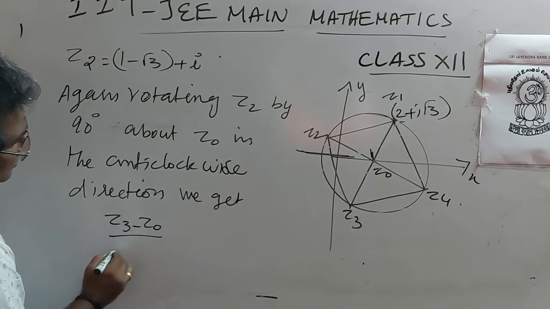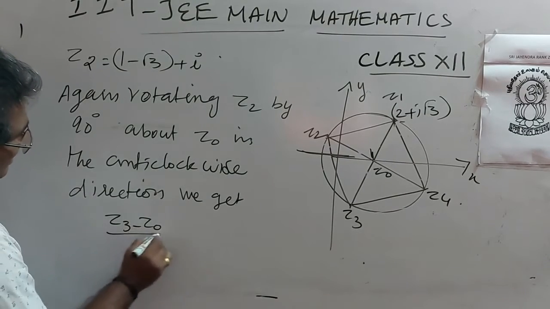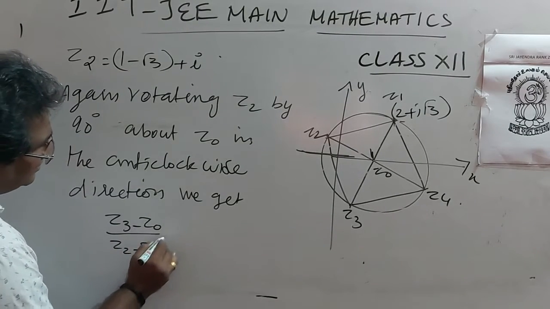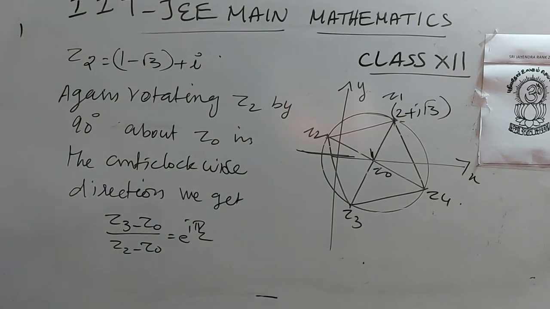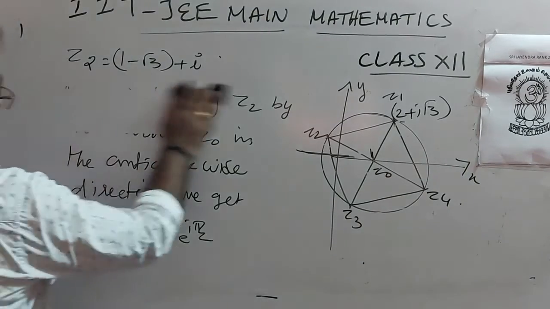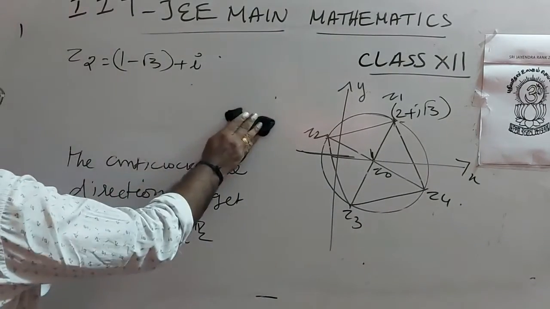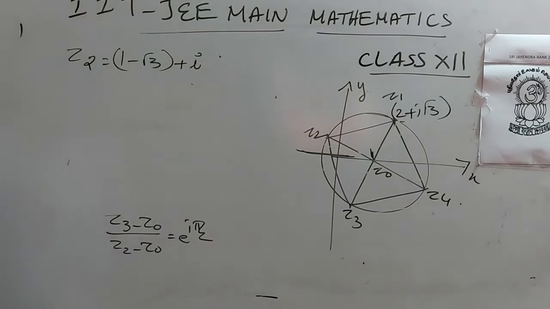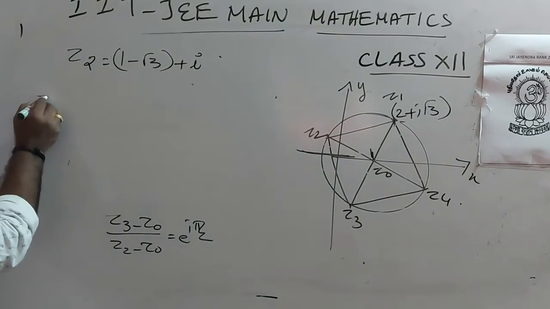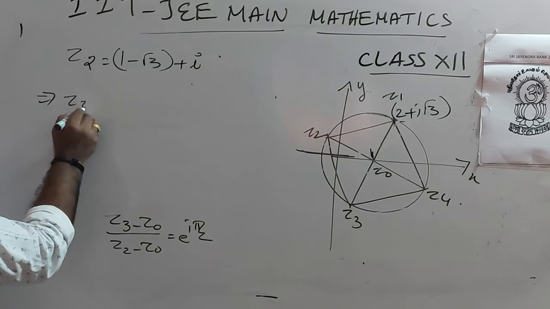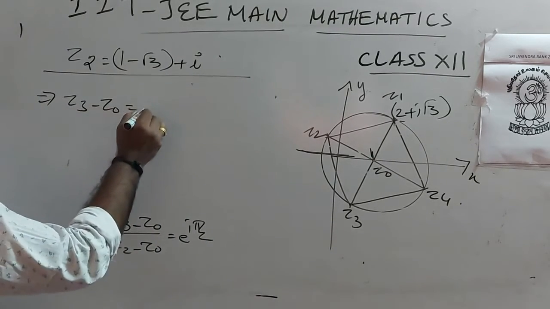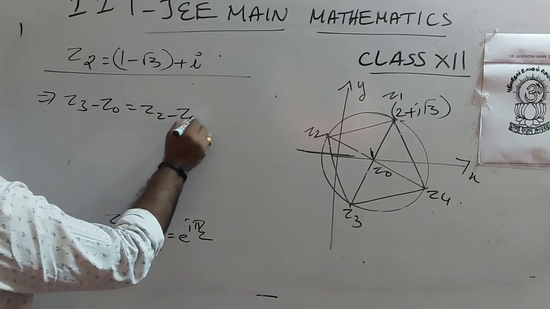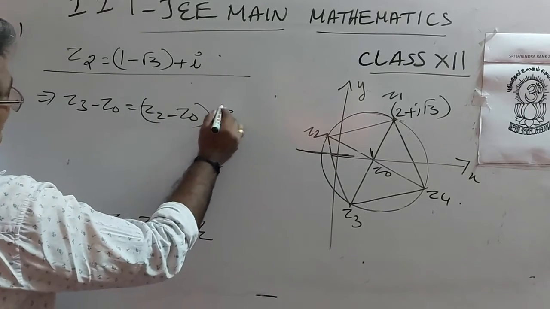Z3 minus Z0 by Z2 minus Z0 equal to e power i pi by 2. Z3 minus Z0 equal to Z2 minus Z0 into i.